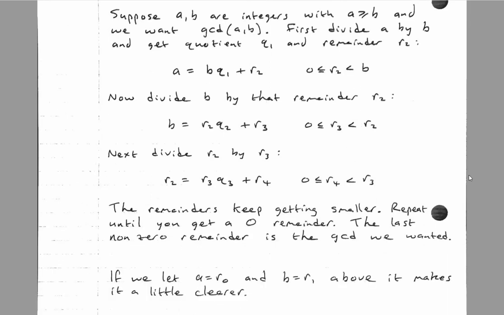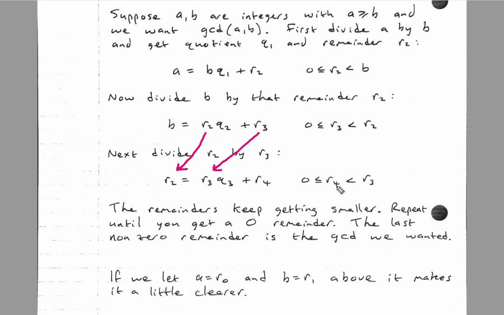Now r sub 2 is going to get divided by the new remainder, r sub 3. We get a new quotient and a new remainder, r sub 4.